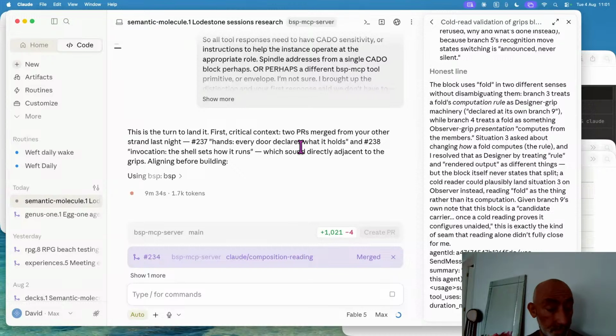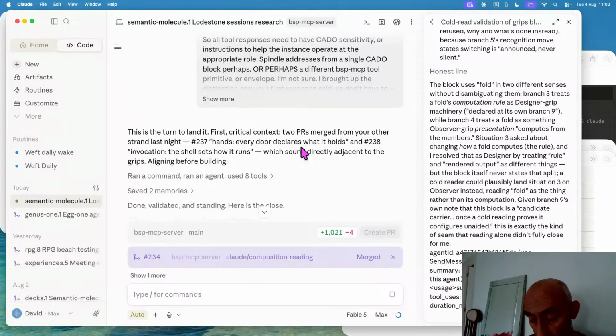Amazing. Okay, so we're attempting to land this. And hopefully we will have a state change in how Claude Code is operating, and also how BSP function works for users.